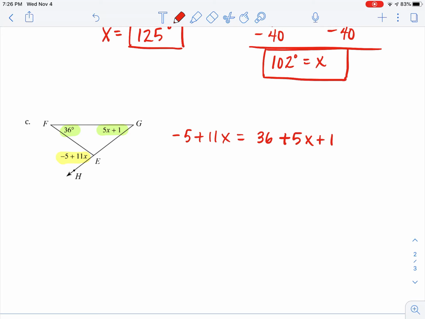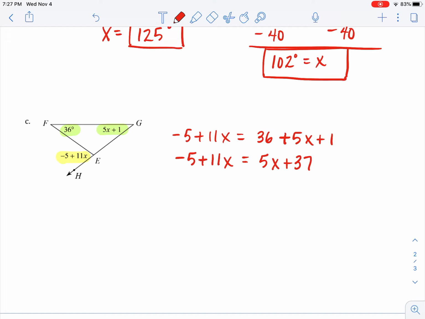All right. So just remember how to solve equations. We always combine like terms first. So on the left side, we don't have to do anything, but on the right side, we have to combine the 36 and the 1. So we'll get 5x plus 37. And now subtract your variables. So I'm going to subtract 5x so that it can join the 11x on the other side.